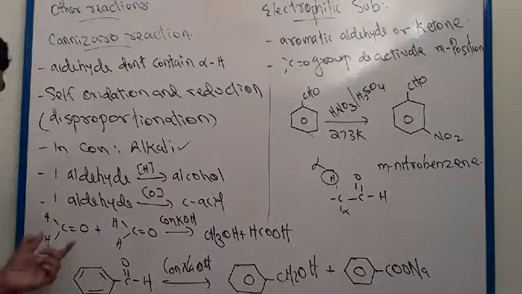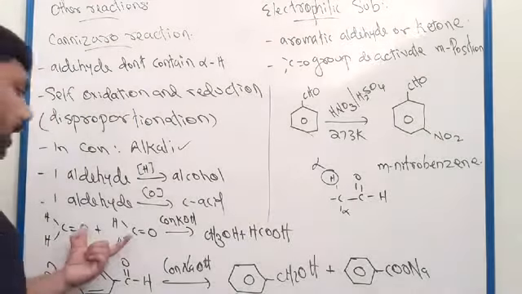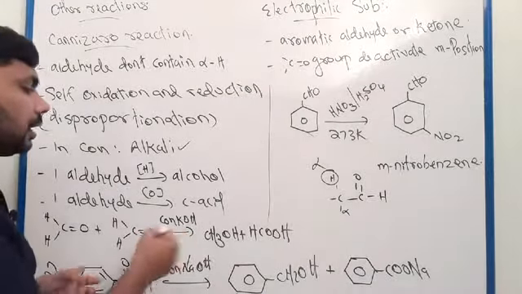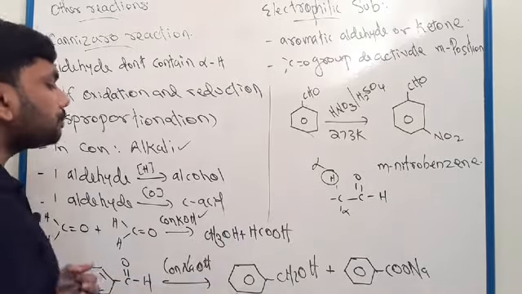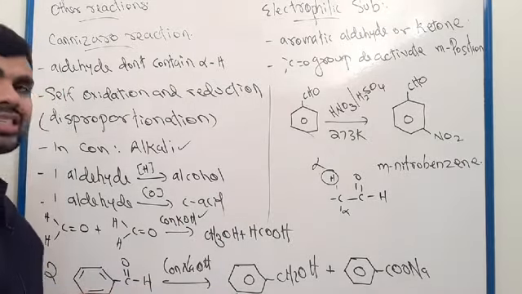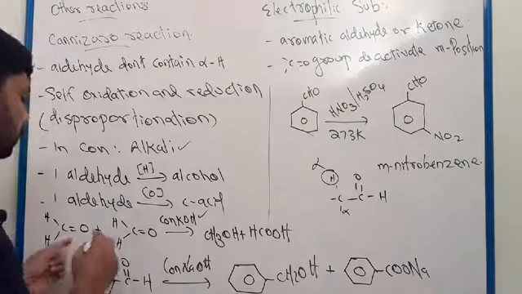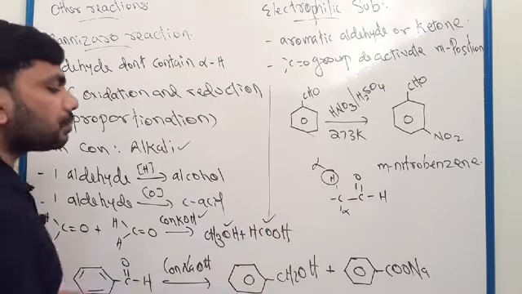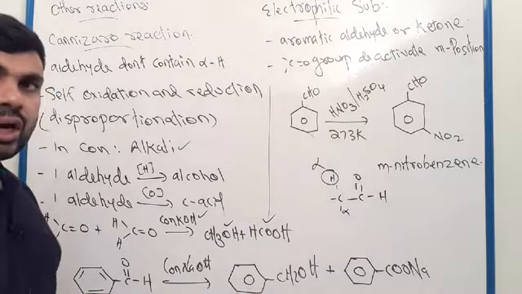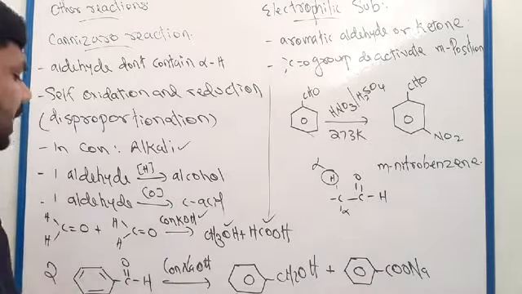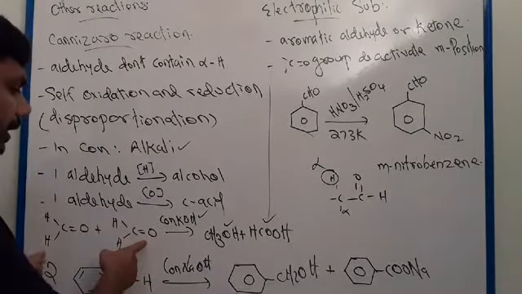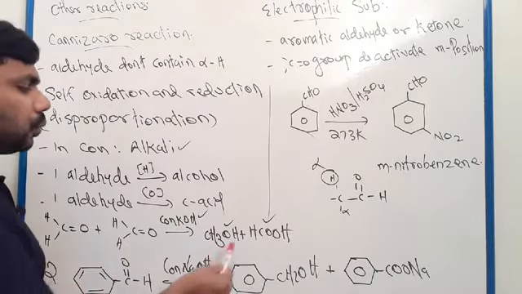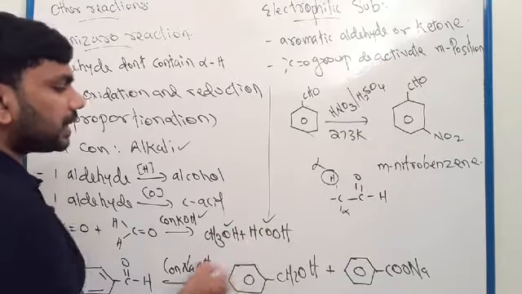Here HCHO is an aldehyde. Two molecules of the same type of aldehyde, after Cannizzaro reaction in presence of concentrated potassium hydroxide, one molecule changes to alcohol CH3OH and another one to carboxylic acid HCOOH. So this is Cannizzaro reaction. Two same type of aldehyde after reacting with the concentrated potassium hydroxide, one alcohol and one carboxylic acid are formed.